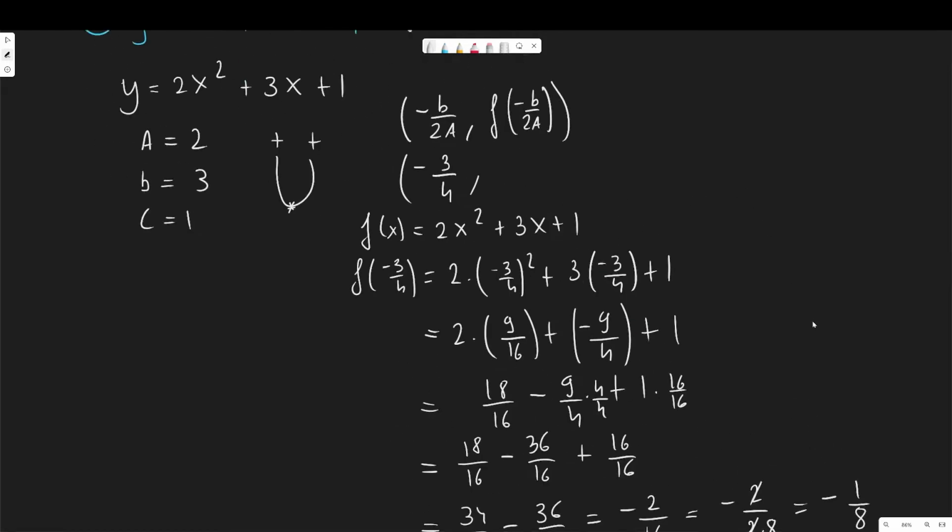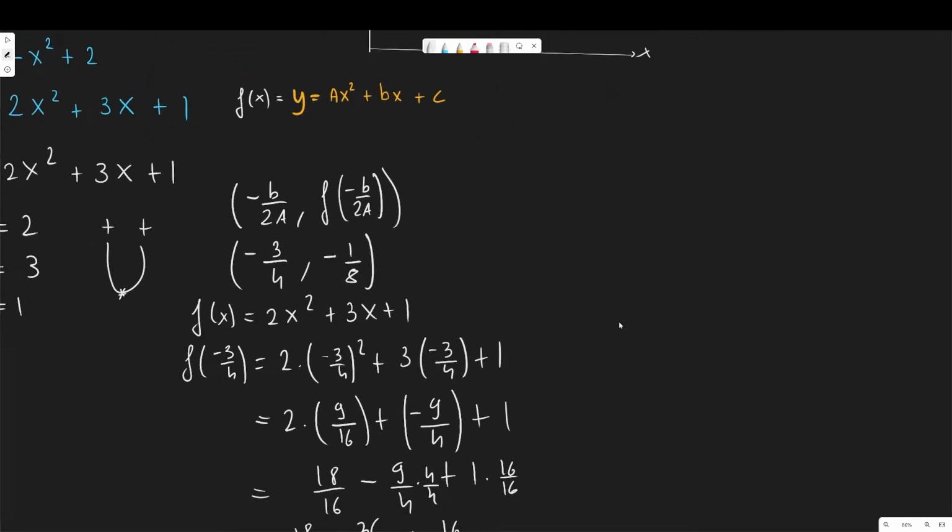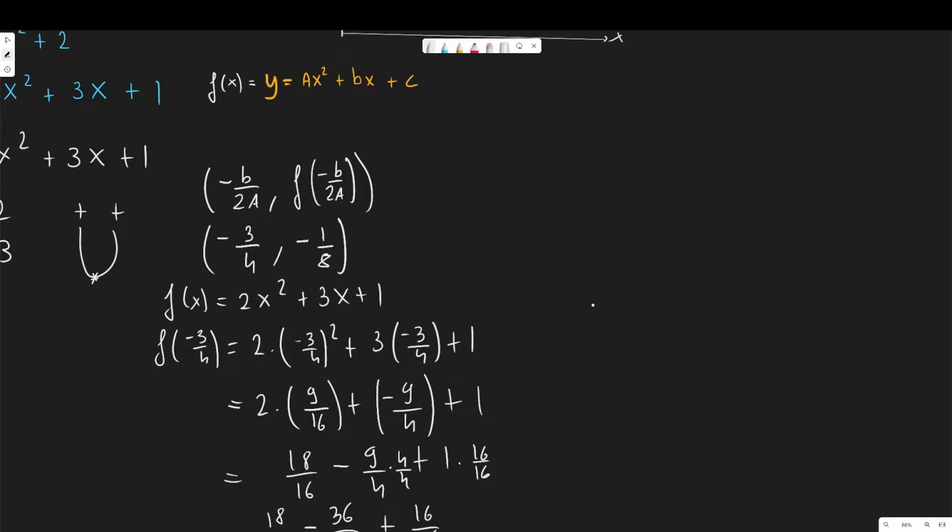So now the lowest point of our parabola will be negative 3 over 4 for our x coordinate and negative 1 over 8 for our y coordinate. So if we wanted to sketch this, we can draw a y-axis like this and a x-axis like this.